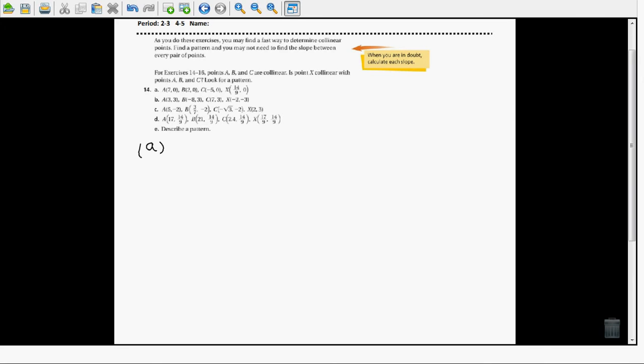Okay, let's do A. Are A, B, C collinear? We have to find the slope between A and B. The slope between A and B is the second y minus first y, so that's 0, over the second x minus the first x, which is -5. So that's 0 over -5, which is 0.